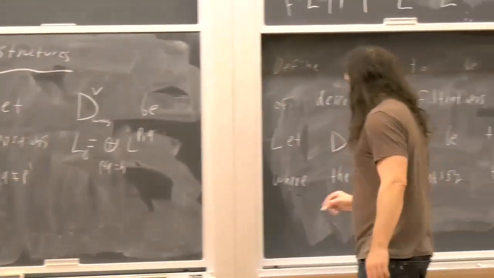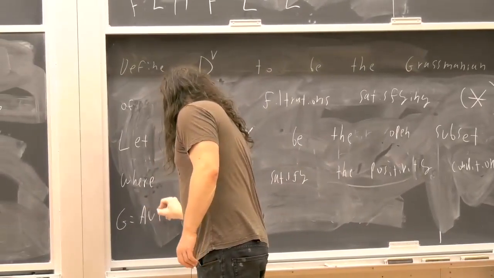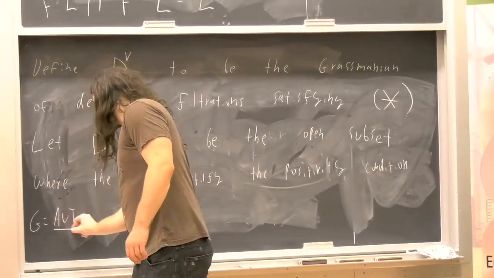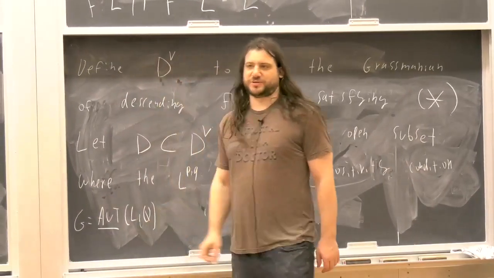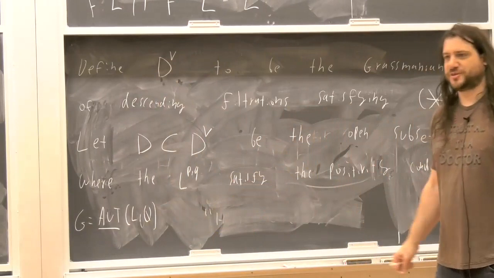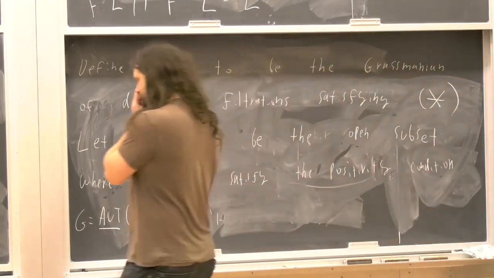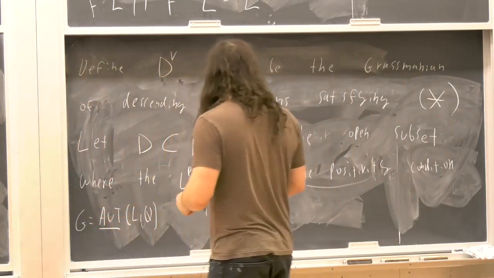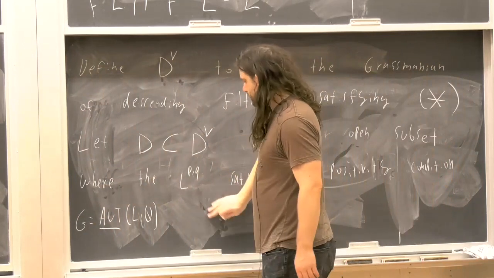So now in this case, you can let G be the group, which is the automorphism group of LQ. I'll write it this way to be able to think of it as a group scheme. So we can think of its values over Z, over C, over R, over whatever sort of base you want. But more importantly for now is the Z points of it.